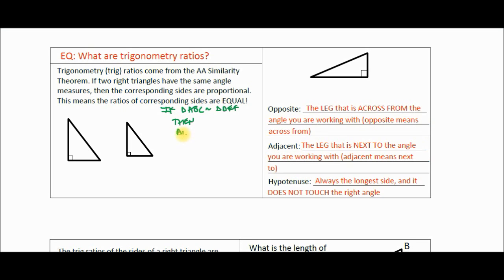Then AB over DE is equal to BC over EF, and that is equal to CA over FD. So we know that if those two triangles are similar, we can show that corresponding sides are proportional.